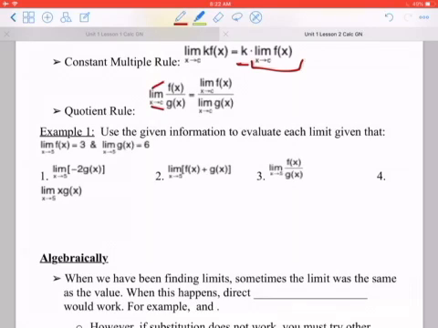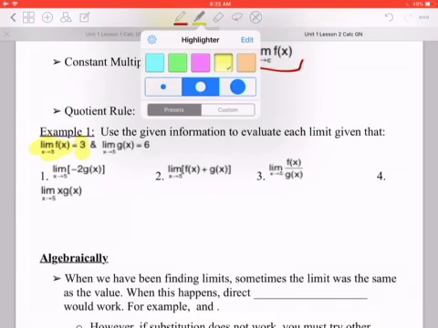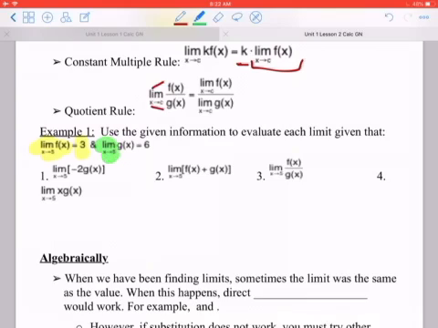So use the given information to evaluate each limit, given that the limit as x approaches 5 of f of x is 3, and the limit as x approaches 5 of g of x is 6. So notice they're approaching the same constant. That's important. They're both approaching the same value for x. Okay, and then we're just going to follow the rules right above.